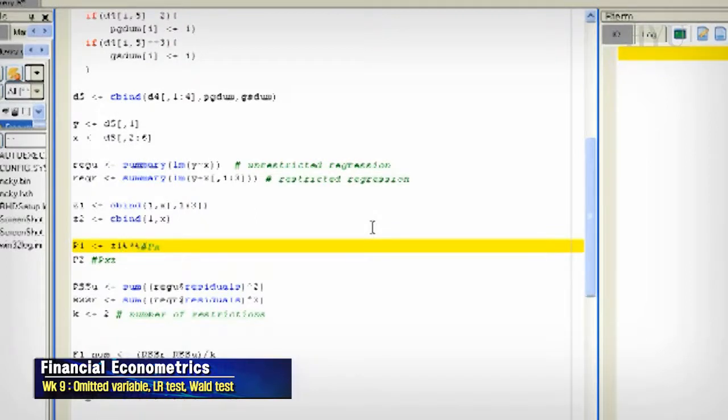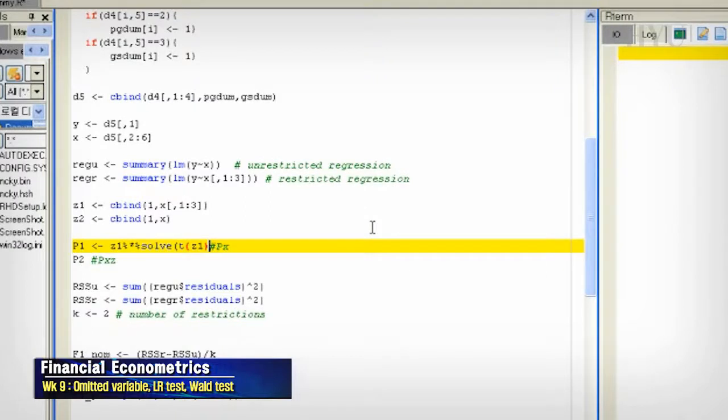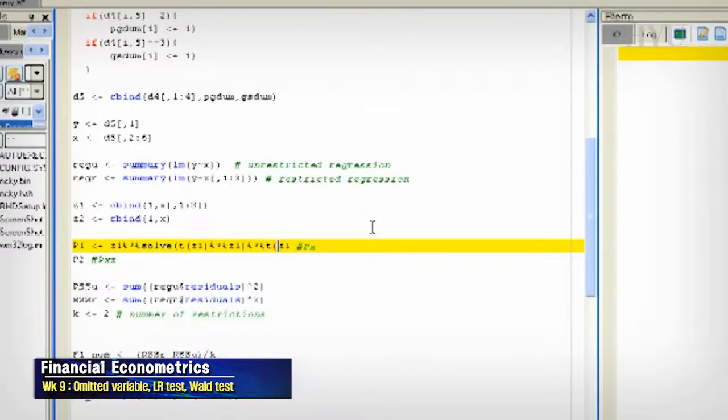In order to define this: X prime X inverse, and then X transpose.